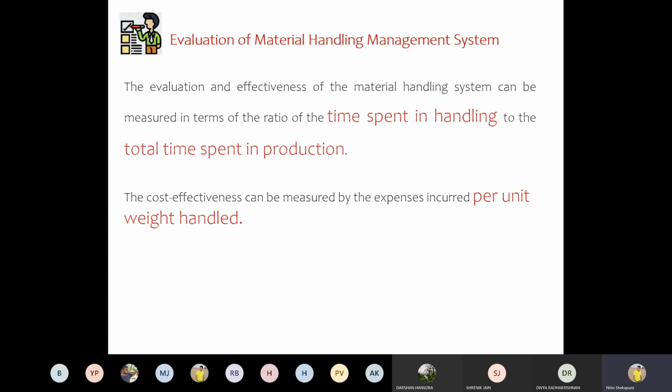Sir, could you explain it once again? Like, what all are you constituting when you say time spent in handling? Okay. Suppose you are traveling to college from your home. Your ultimate aim is to reach college at the right time.